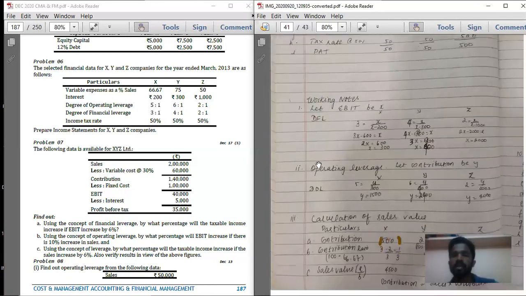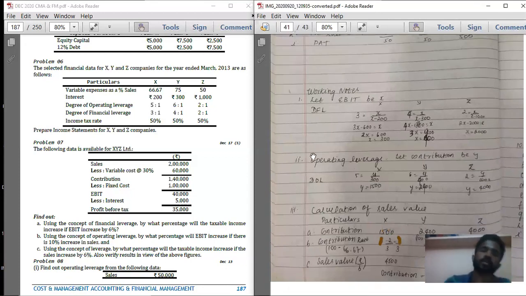Below that leave 2 lines gap, take down working notes. So here see, they have given us degree of operating leverage and degree of financial leverage. What is the formula for degree of financial leverage? EBIT divided by EBT is 3:1.